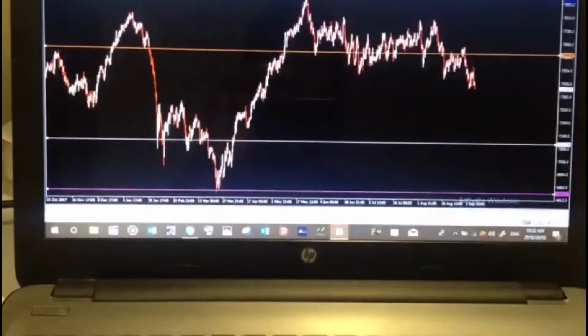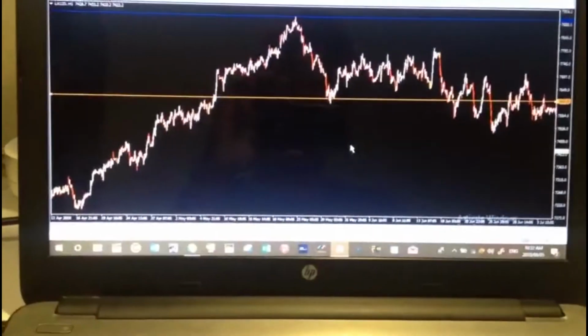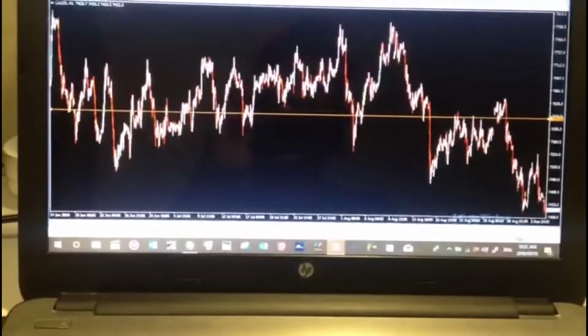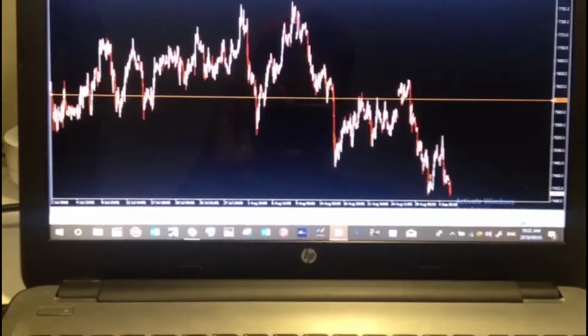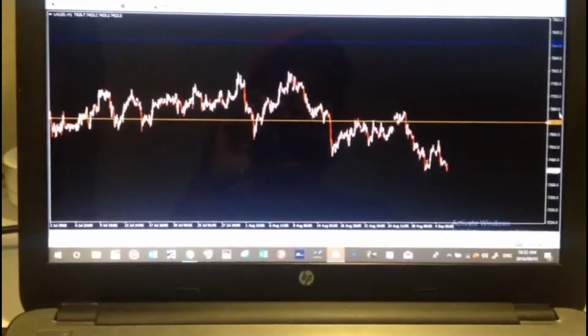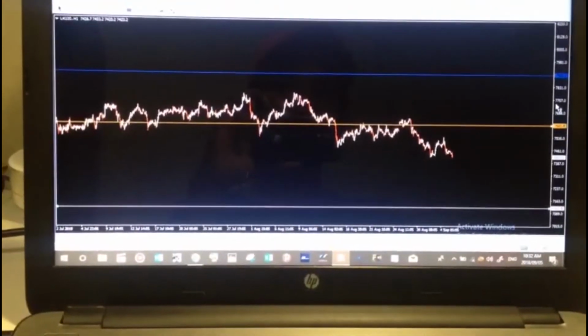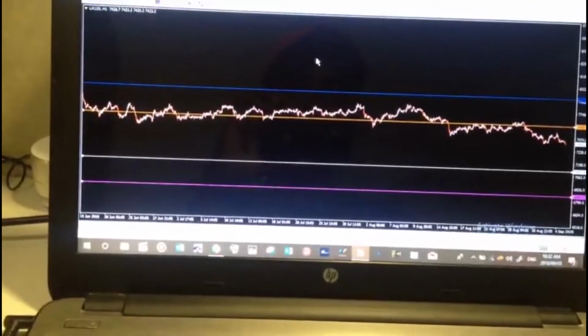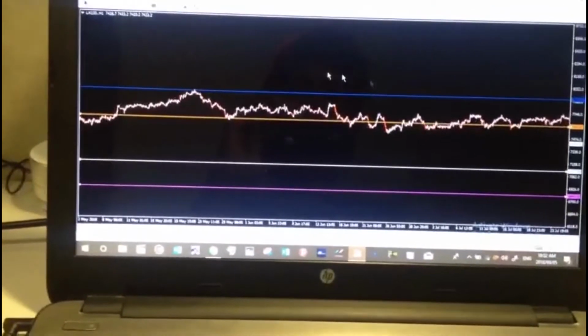Now, remember you guys, we trade on H1 a lot, so I'm going to jump back to H1. Right now I'm in H1, and I just want to show you guys the quality of my support and resistance lines. This is on H1, a smaller time frame.